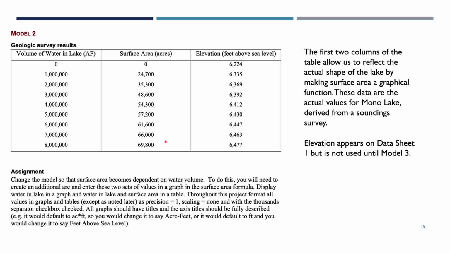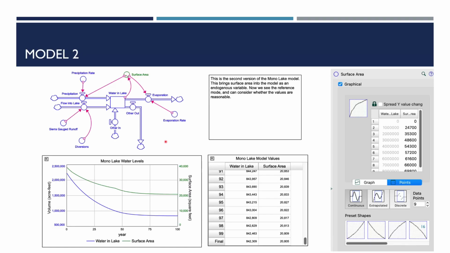Over on the right here is the graphical function area, and you can see the values from that table that I just showed you in here. And so as they come in and they run this again, they do in fact see the reference mode. So we've at least got the right shape of things going on here.